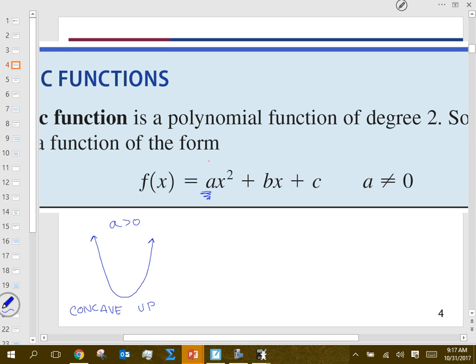Concave up basically means your parabola would hold water, right? So if that's concave up, what do you think that's going to be called? Concave down. And what do you think A has to be in order for that to happen? Yeah, A is less than 0. A is negative. So that's concave down.